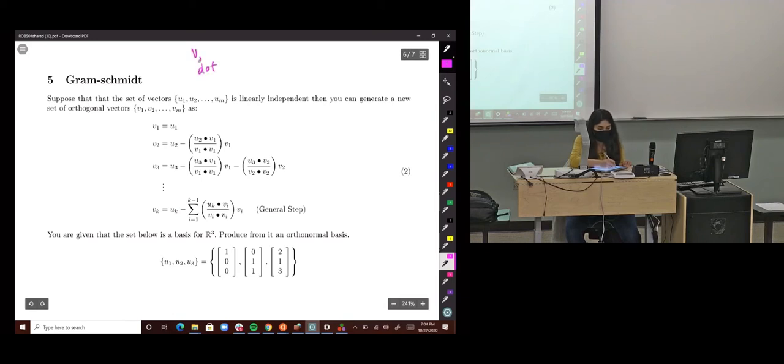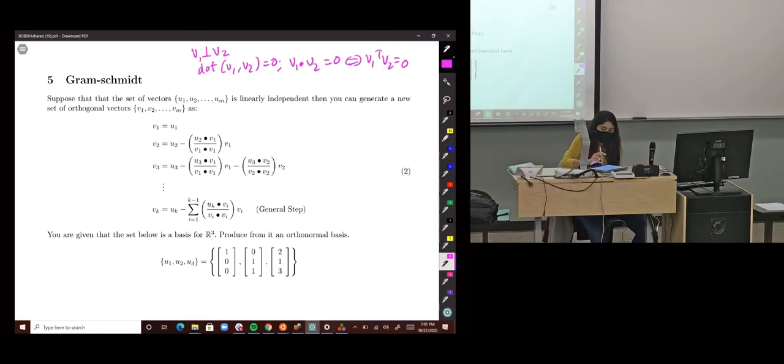So when I say V1 is orthogonal to V2, that means that the dot product of V1 and V2 is 0, also written as V1 dot V2 is 0, which is the same as saying V1 transpose V2 is the 0 element, where V1 and V2 are in Rm. They're column vectors.